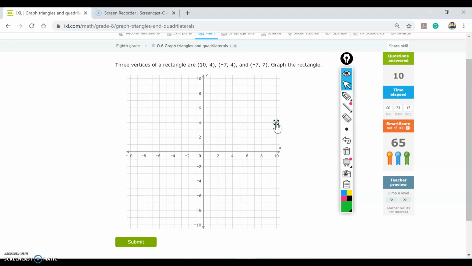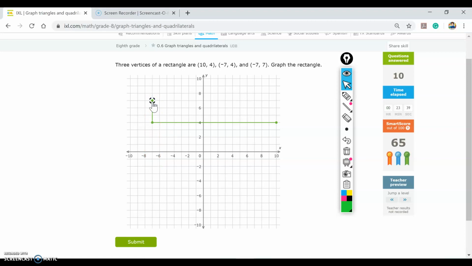Then negative 7 and 4, so negative 7 is right here and 4 is right there. And then negative 7 and 7, which is right there.